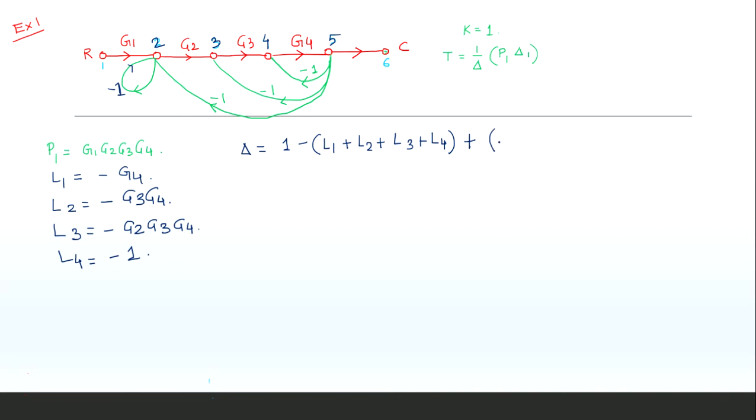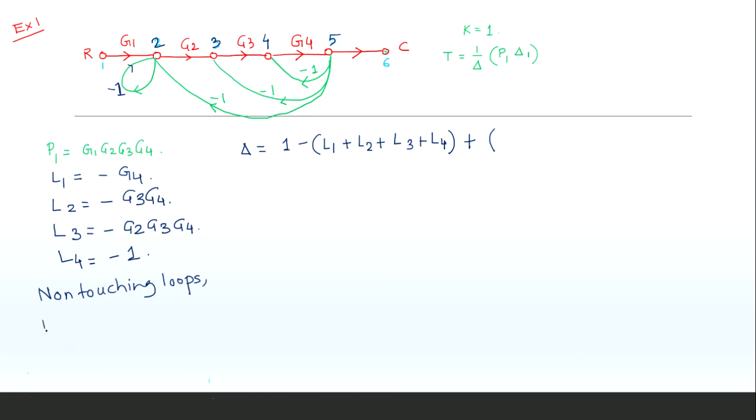Now let us find what the non-touching loops are. Non-touching loops means there will be no point in common between them. So if I think of this loop G4, minus G4, and this loop minus 1, these two are non-touching. First I can consider G4, that means this is my L1 loop.